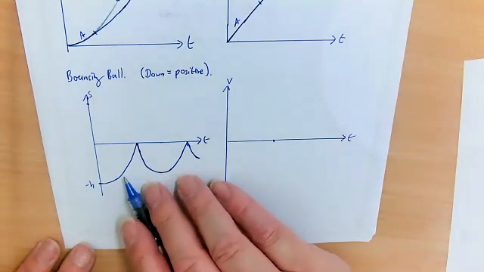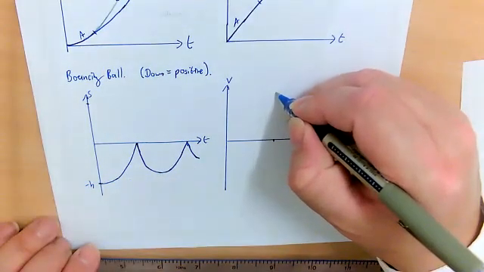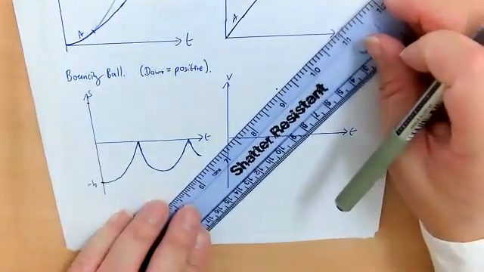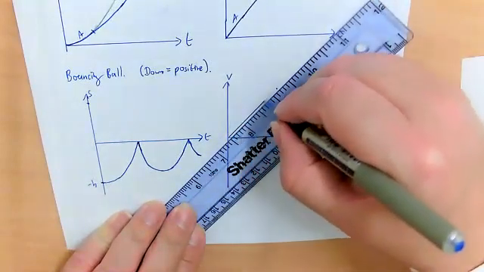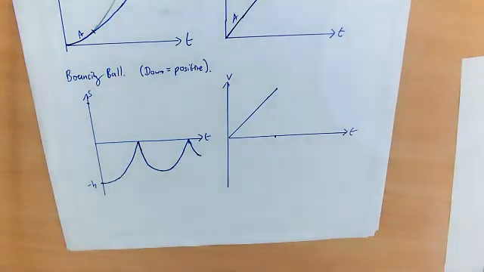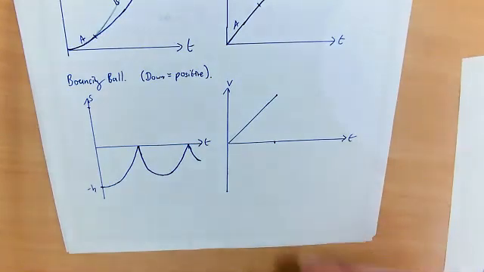It's a positive gradient, so it's going to go up. So what will happen in time is you'll get a constant acceleration. So there the ball is falling, and its downwards velocity is increasing. Now it's going to hit the ground.